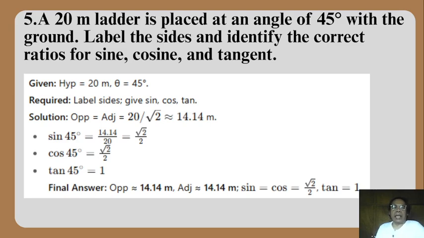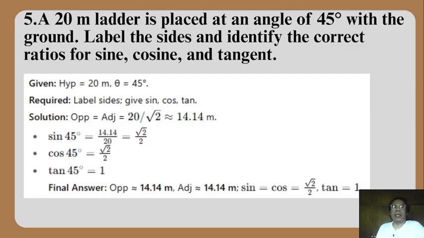And then cosine 45 degrees, that is adjacent, which is 14.14, divided by the hypotenuse, 20, you will be getting square root of 2 over 2. Look at that.